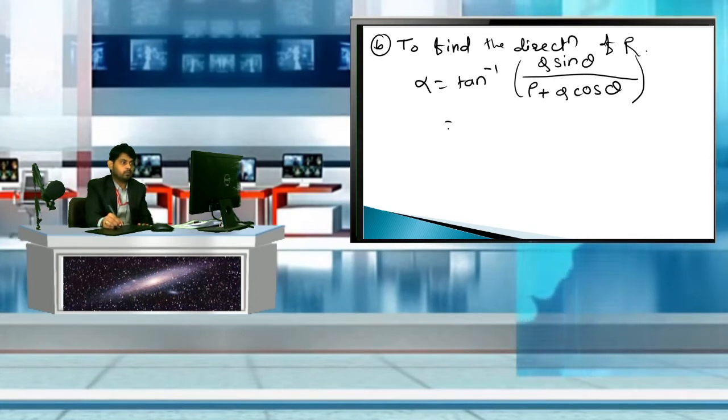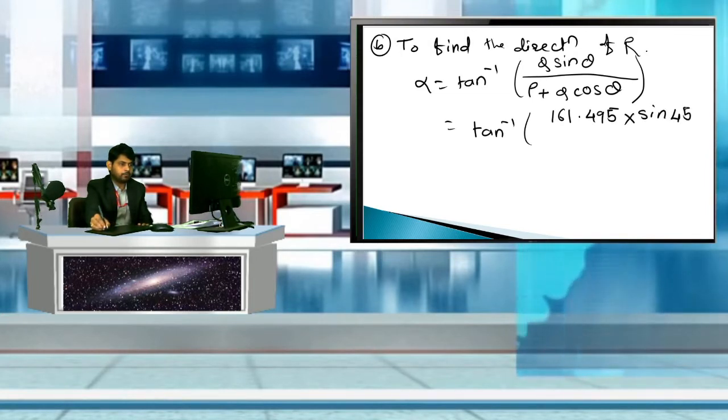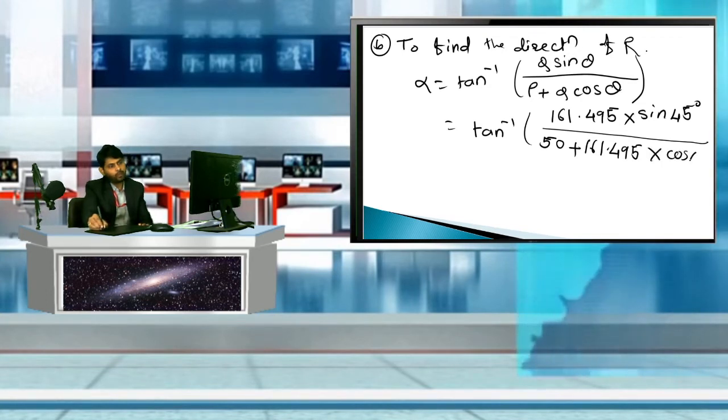Here we know the value of q and we know the value of theta, so put all these values here. The value of q is 161.495 multiplied by sine of 45 degree, divided by the value of p, which is 50, plus the value of q, 161.495, and cos of 45.